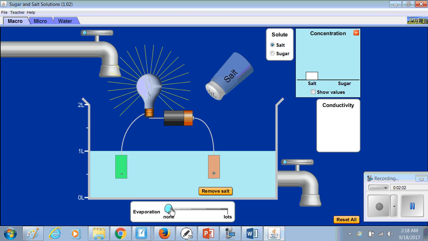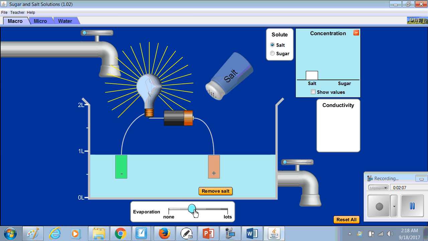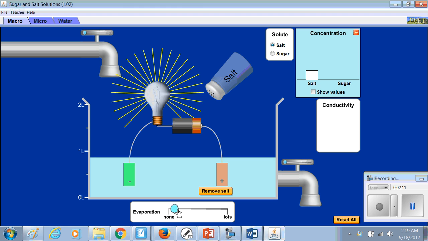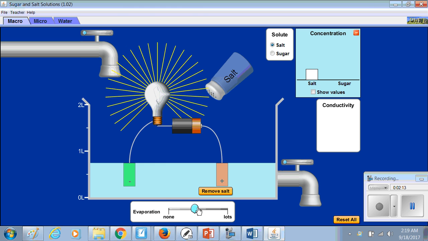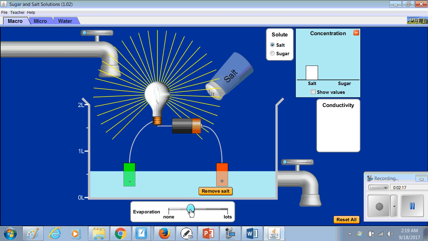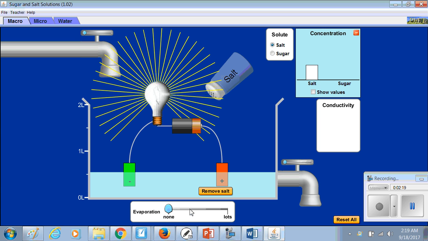If I remove some of the water, you'll notice the bulb gets brighter and brighter, because the saltwater solution is becoming more and more concentrated.